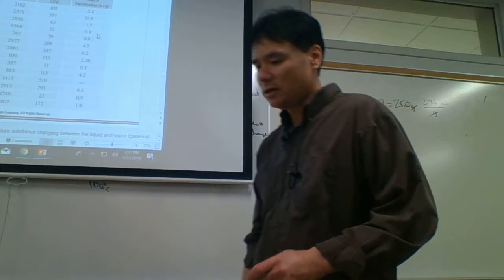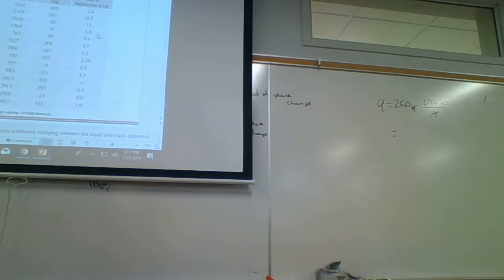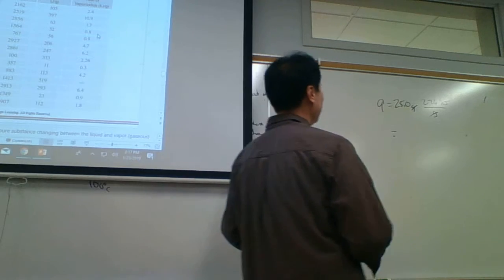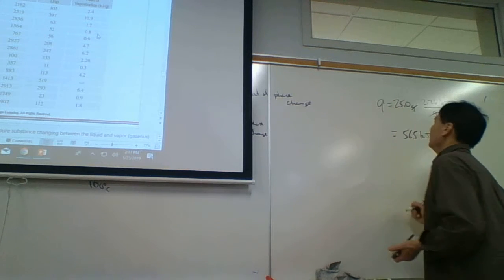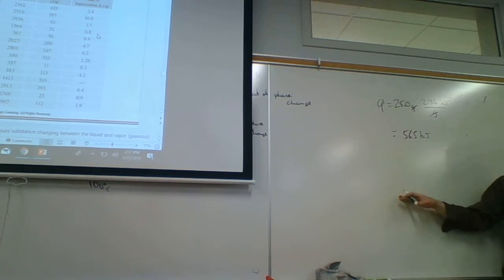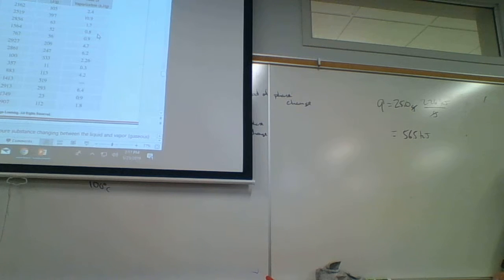So how much energy does it take to vaporize that water? 25 times 2.26, we get 56.5 kilojoules. So we compare this to warming up the water, which costs around 8 plus kilojoules. To boil it costs quite a bit more, 56, 57 kilojoules. So those are two examples.